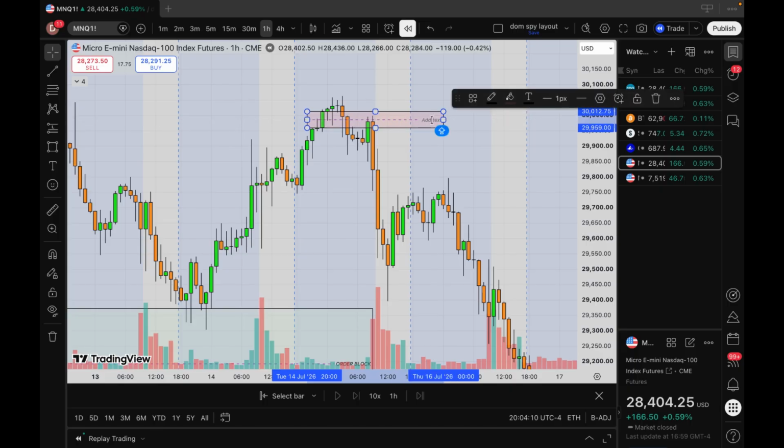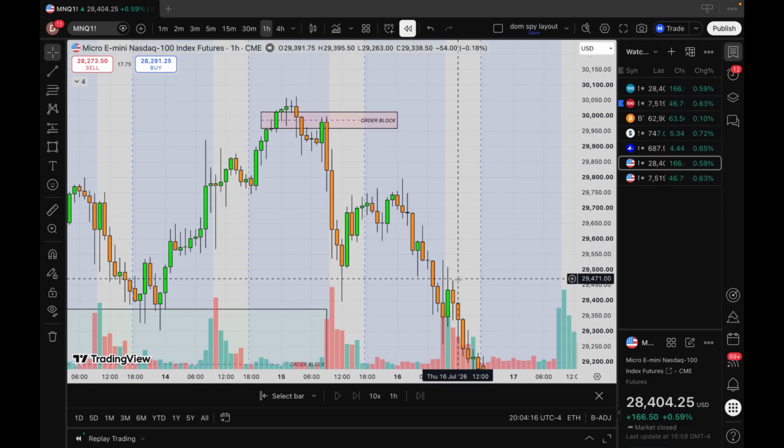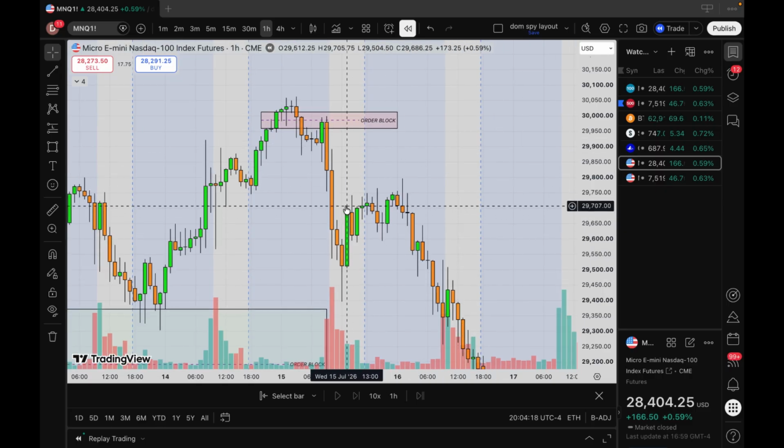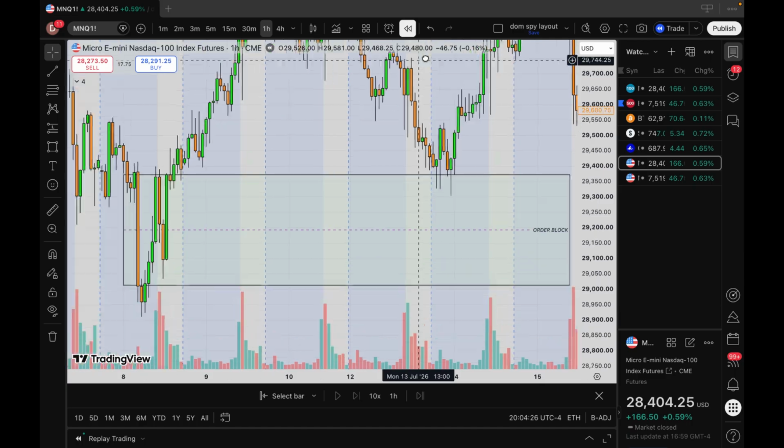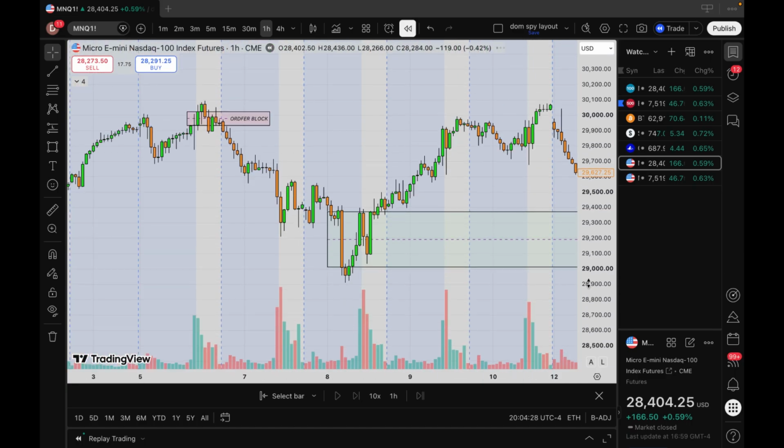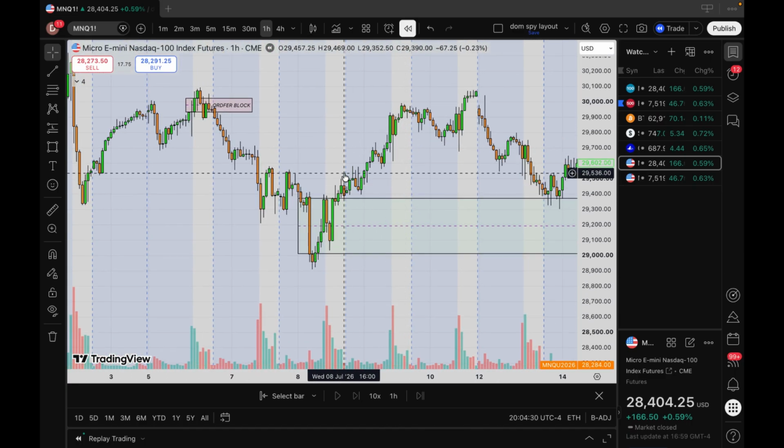Also, I'll put order block in all caps, and you see that nice rejection. All right, let's go to a bullish one, and just briefly, let me tell you what's going on.